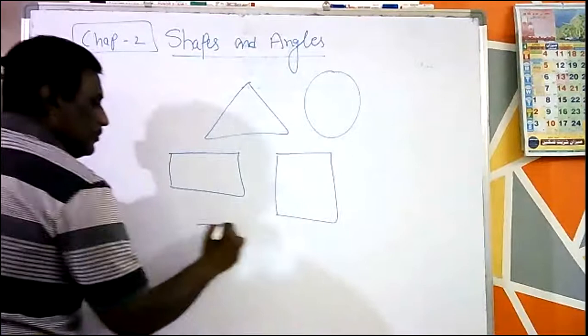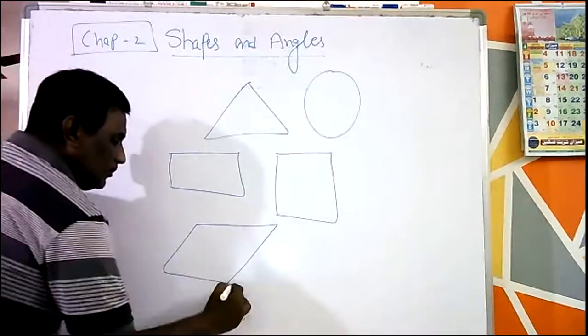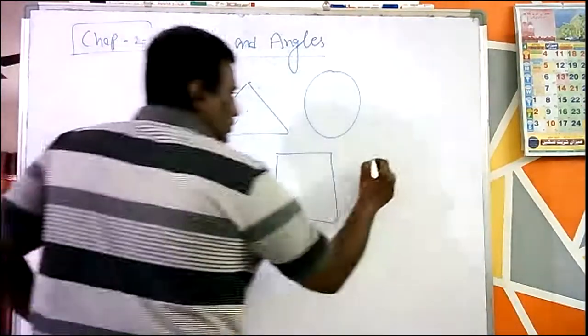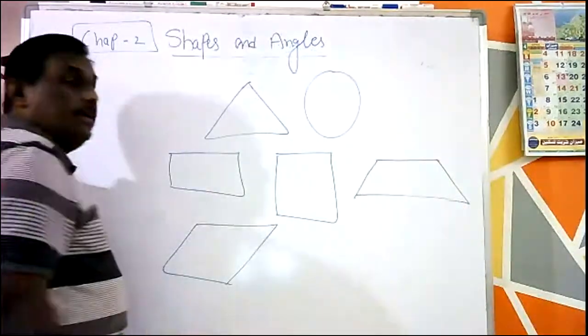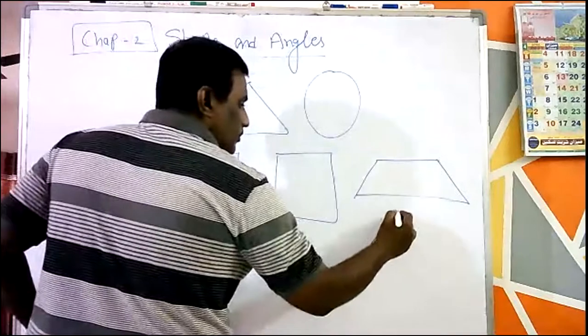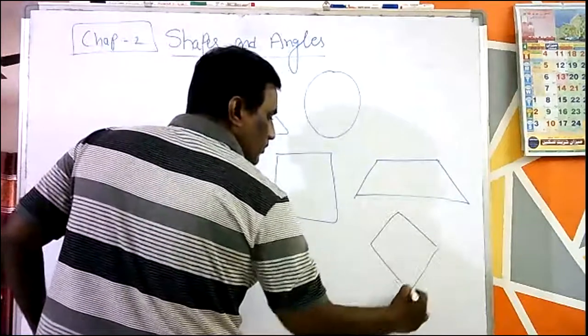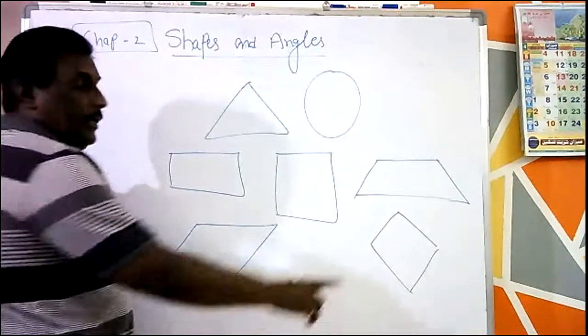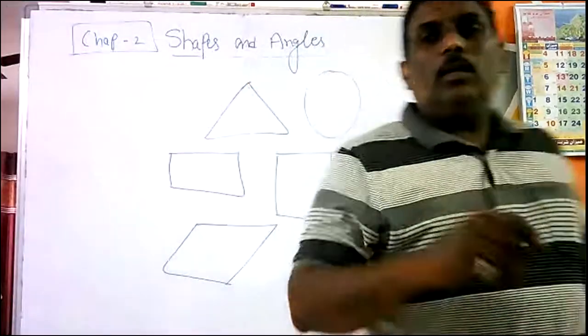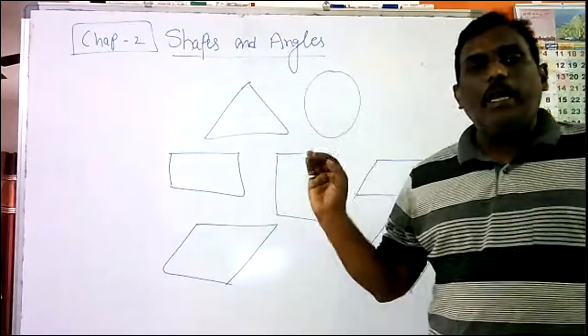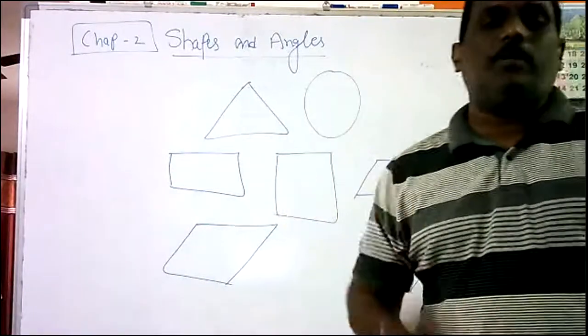Square. Parallelogram. It is called trapezium. If all sides are equal, it is called rhombus. So you might have come across the names of these mathematical shapes.